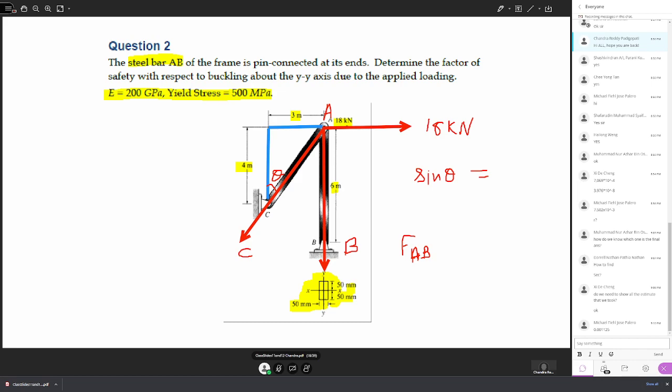If this is 3, this is 4, this will be 5. So sine theta is the vertical. Angle is this, so this is your 90 degrees. So sine theta will be 3 by 5, and cos theta will be 4 by 5.